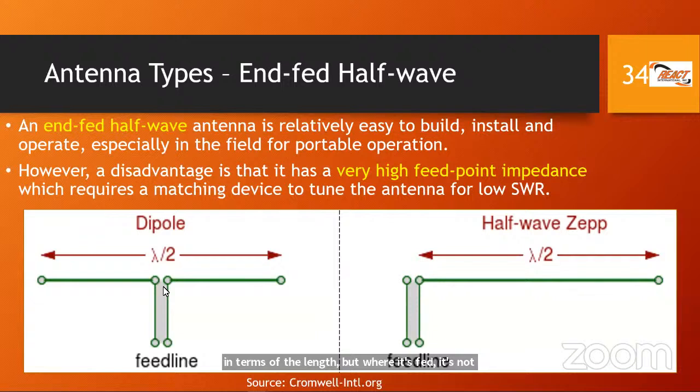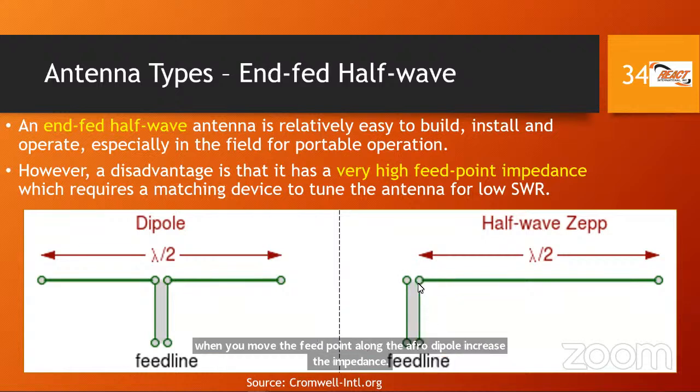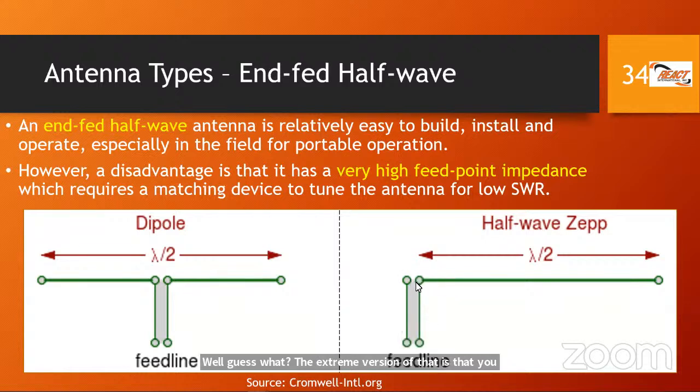Remember we were talking about before that when you move the feed point along the half-wave dipole, you increase the impedance. Well, the extreme version of that is that you move the feed point all the way to one end. So it becomes an end-fed half-wave, sometimes called a ZEP.